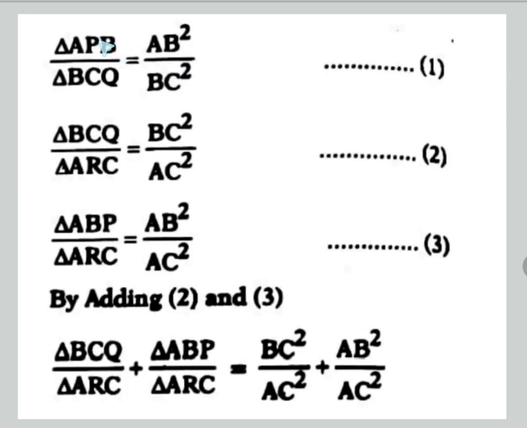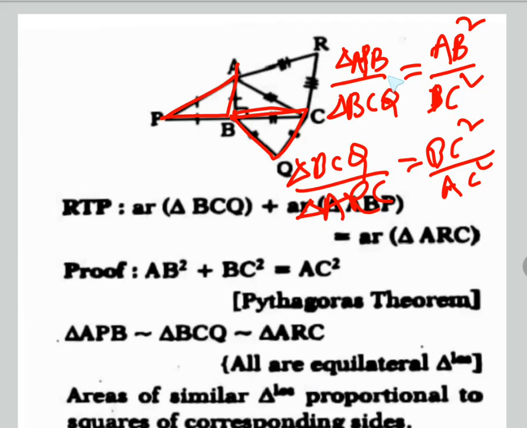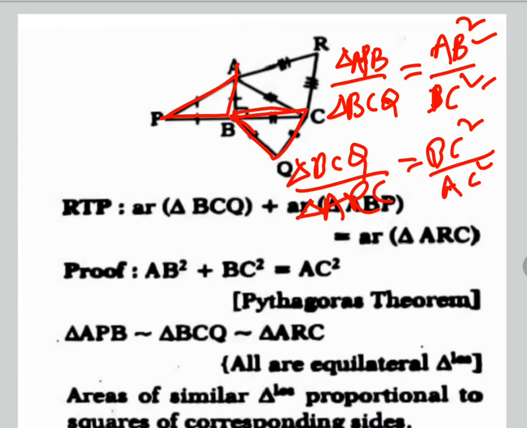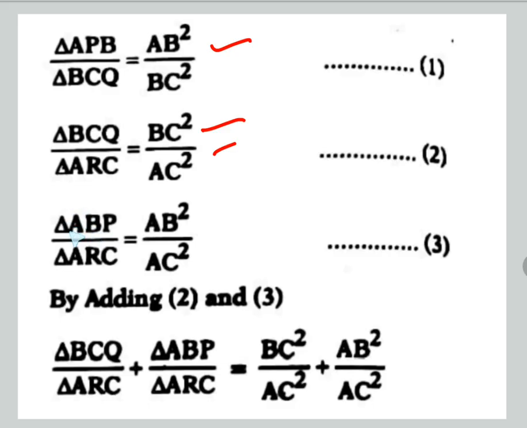Now the first one, APB by BCQ is equal to AB square by BC square, and the second one, BCQ by ARC is equal to BC square by AC square, and the third one, ABP area by ARC area is equal to AB square by AC square.